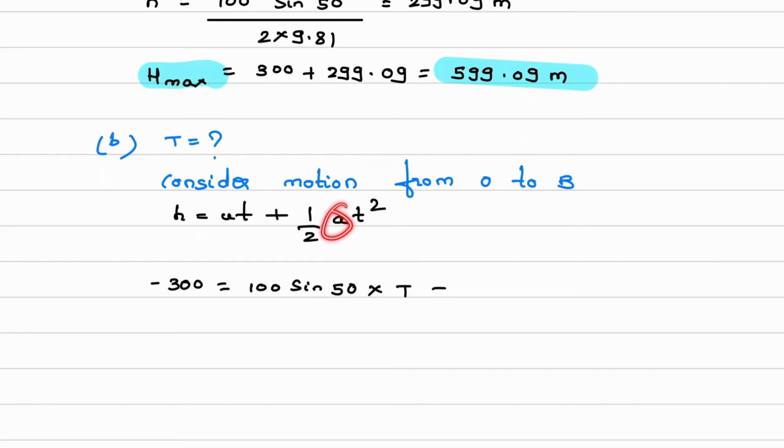Because of acceleration due to gravity, half into g, 9.81, into t square. From here we can calculate time. Time is equal to 18.86 seconds. So this is time of flight.